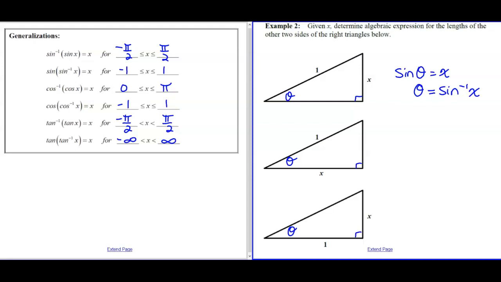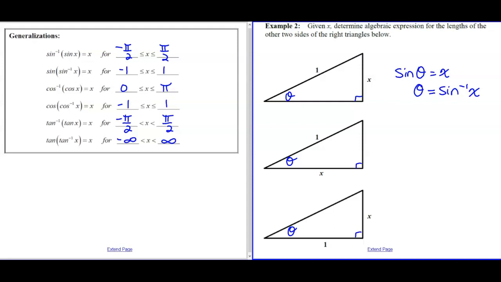In order to do that, say we're asked to take the tan of sine inverse of x. That really means we're taking tan of theta. So we can look at our diagram and take tan of theta, opposite over adjacent, as long as we calculate what this side is.